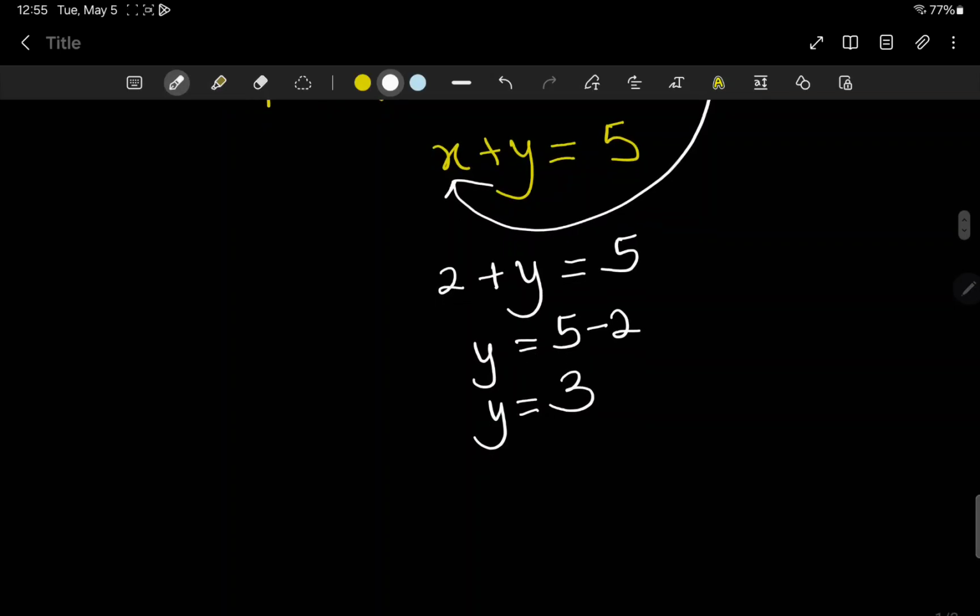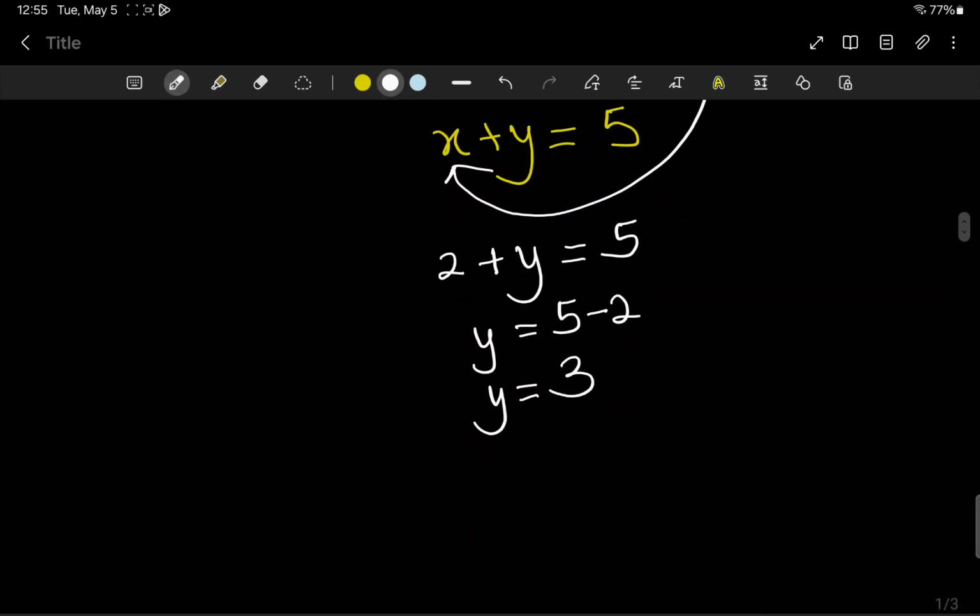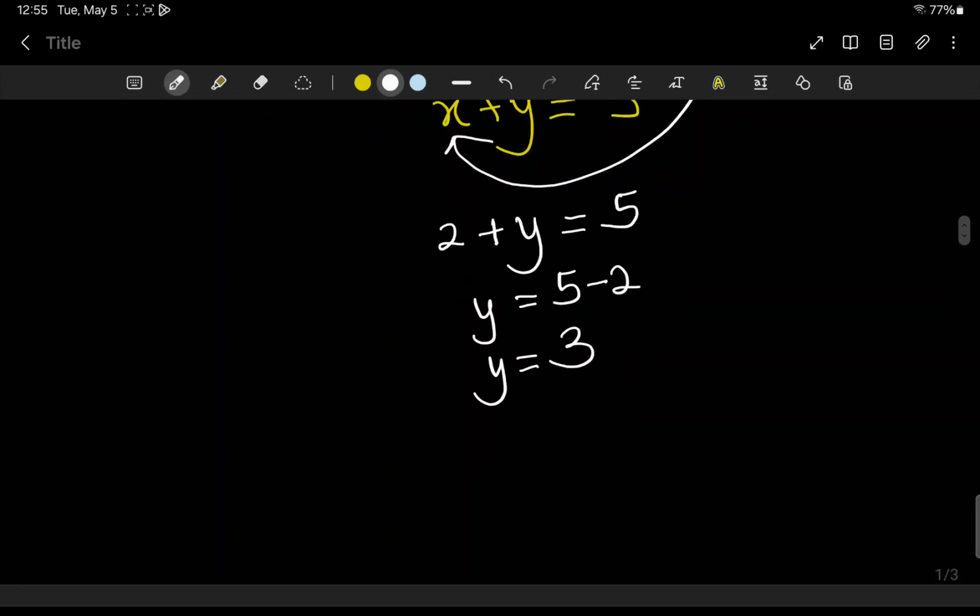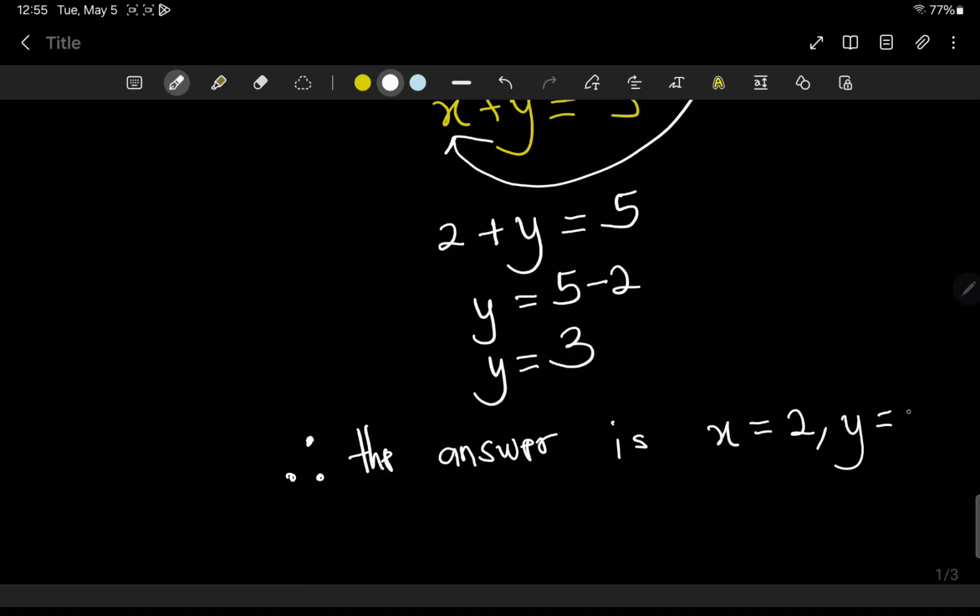Okay, so therefore we can say that the answer is x is equal to 2, y is equal to 3.